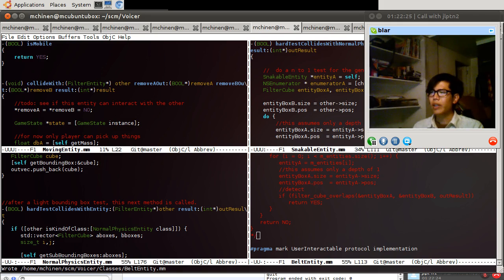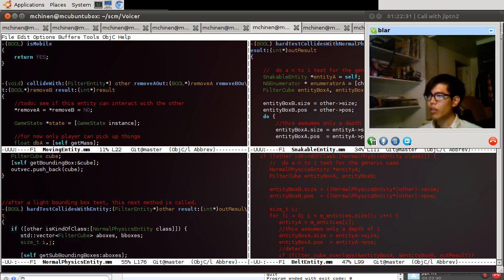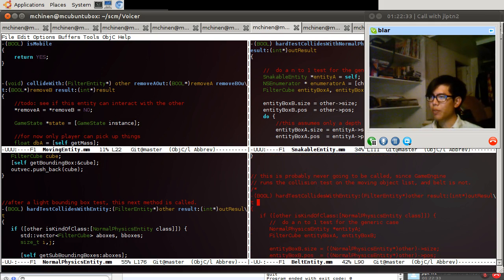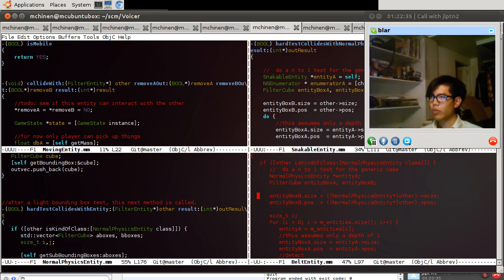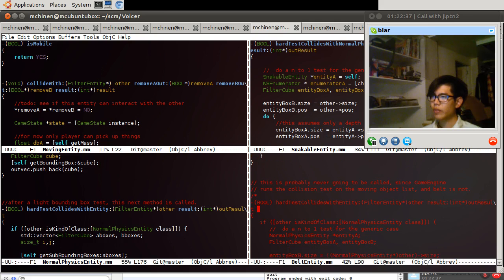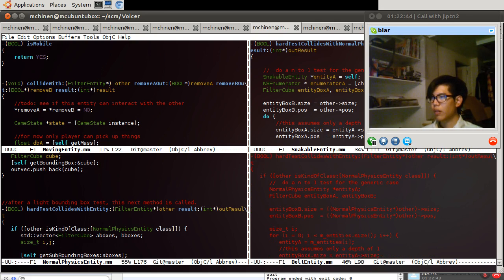So why did I have this function anyway? It was because... So what would this do? We get the other guy's size and position.